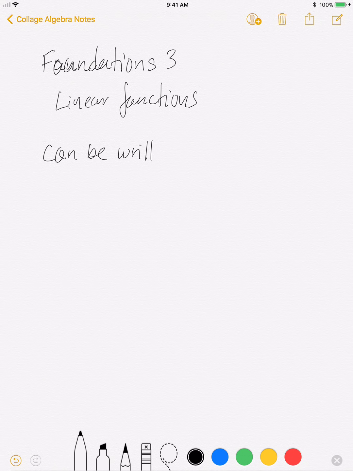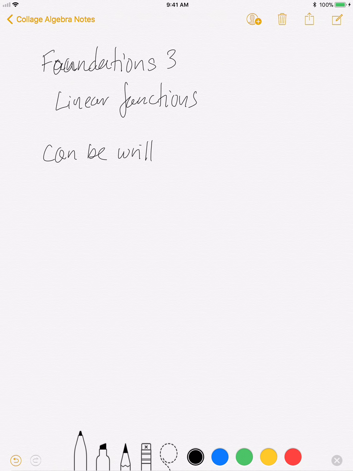They're called linear functions because the graph is a straight line. And what we have right here is the y and x are raised to the first power. When we have that happening, we have what's called a linear function.